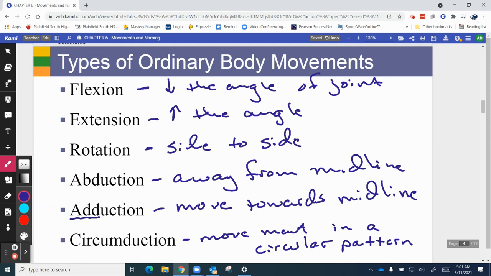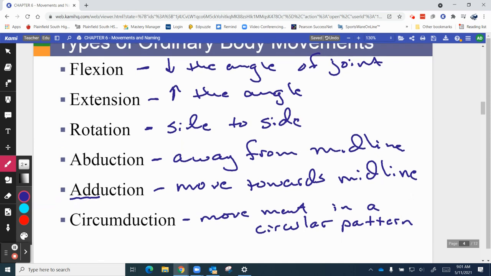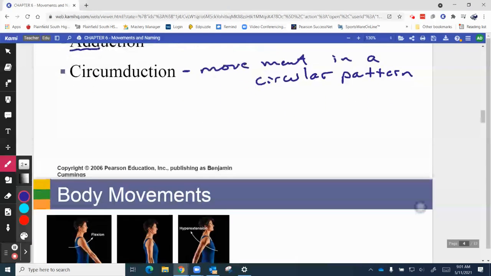So you can circumduct your shoulder. That's not a basic rotation movement. That's referred to as circumduction. The hip would be circumduction. All right, but those would be your basic ones there. Be okay with those? All right.